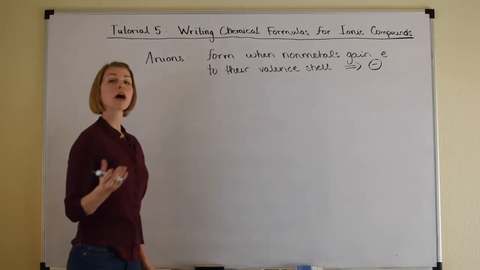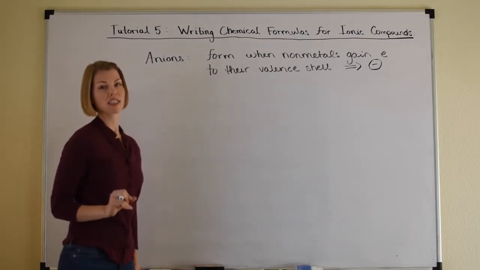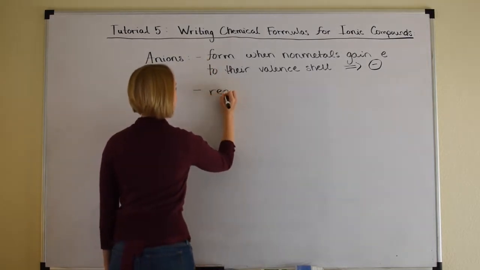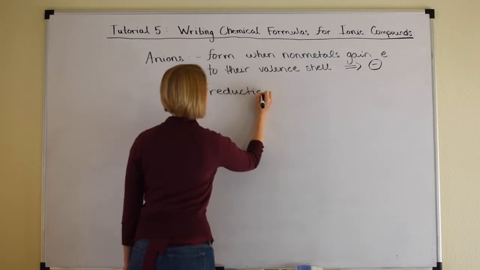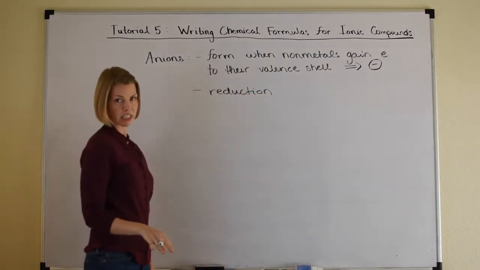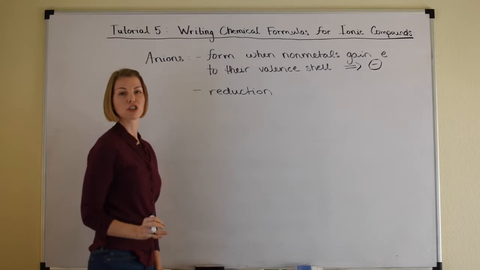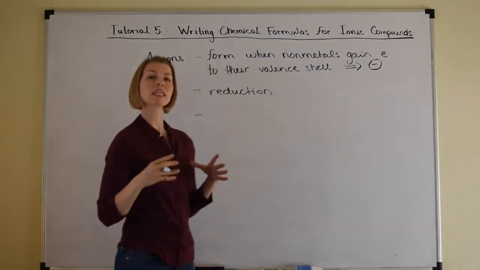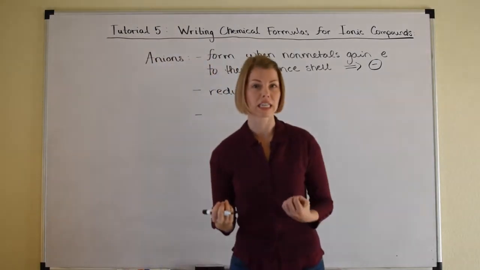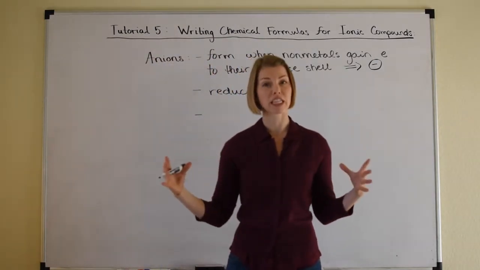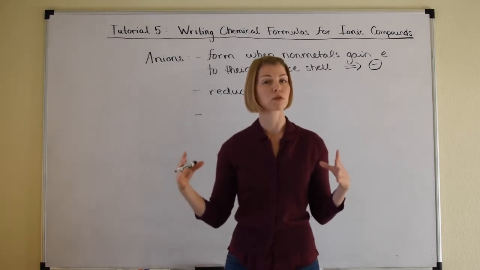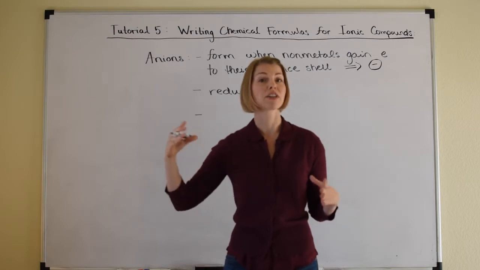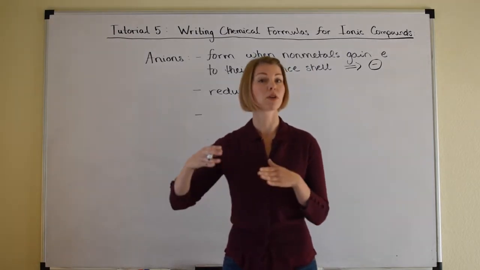All right, so we sometimes refer to the gain of electrons as reduction. Let's write a little hyphen there. Remember that the loss of electrons was oxidation. The gain of electrons is referred to as reduction. And your nonmetals will typically gain as many electrons as they need in order to fill up their valence shell and achieve the stable noble gas electron configuration of whatever noble gas they're nearest to in the periodic table, so whatever noble gas follows them.